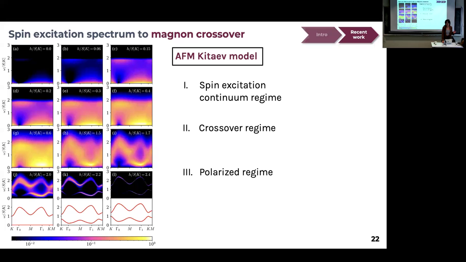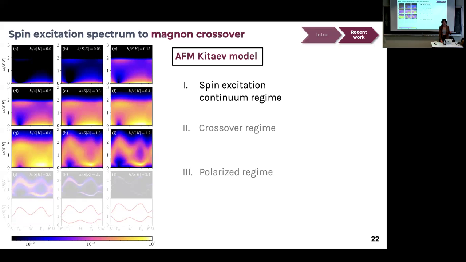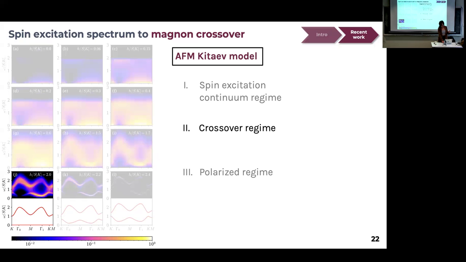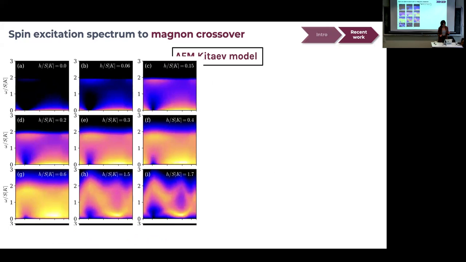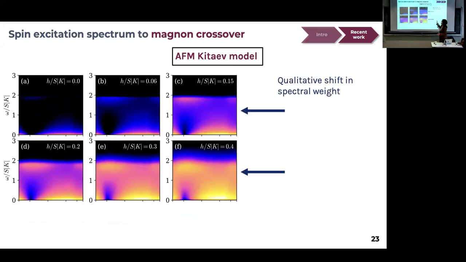Similarly, we can define three different regimes: the spin excitation continuum regime, the crossover regime, and also a polarized regime. And I want to draw attention to this spin excitation continuum regime, because we see a qualitative shift in the spectral weight as you increase the field.